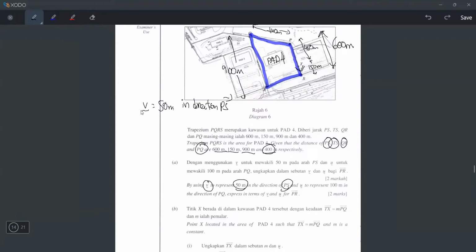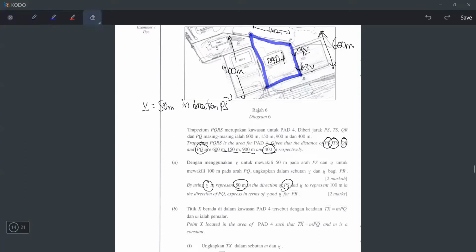If 1V is 50 meters, then 150 meters will be 3V. So I will erase the 150 and write 3V, and the arrow has to point down. The 450 also, you erase and write what? 1V is 50 meters, so you take 450 meters divided by 50, you will get 9.